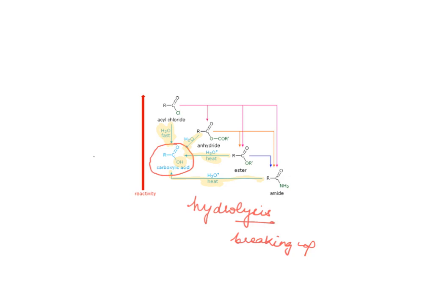But notice how this picture essentially shows you how you can convert the acid chloride into the anhydride. You can convert both the anhydride as well as the chloride into the ester. And finally, you can convert the acid chloride into the amide. You can convert the ester into the amide. You can also convert the anhydride into the amide. But the reverse reaction, that means going up the cascade, up the hill, is not possible.